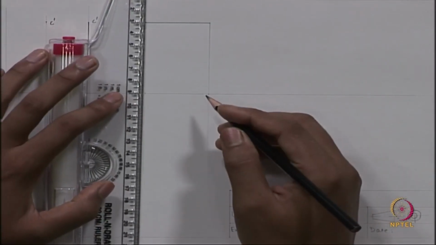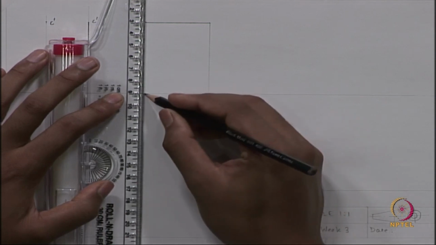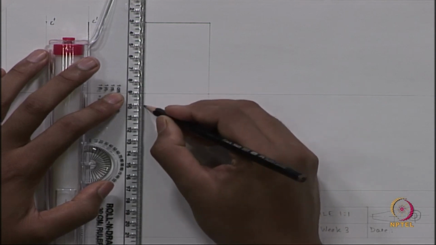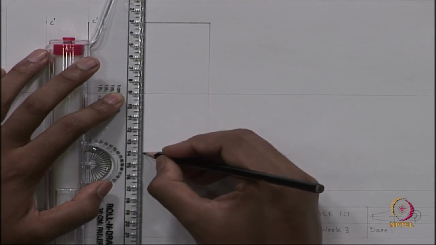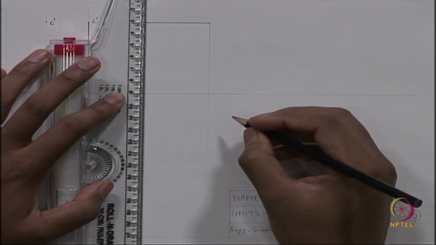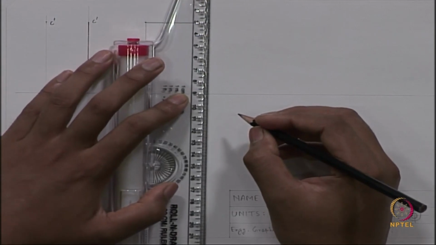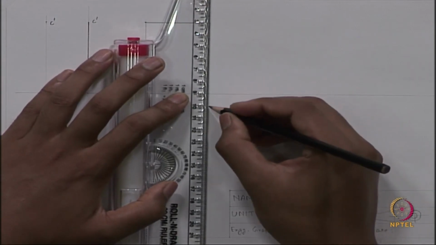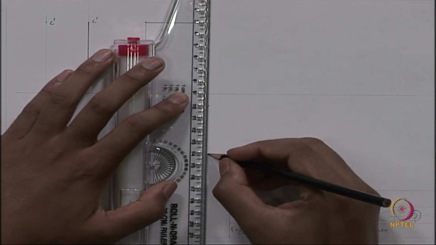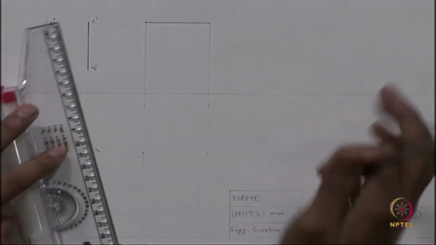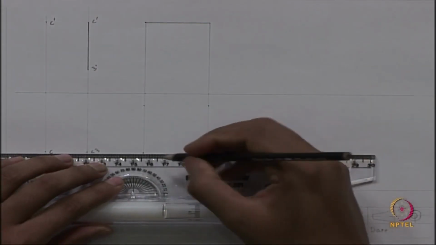So, let us measure the points first, the position of point 10 and another is 50, same here. Another is 50. So, now we will just join these points to get the square.